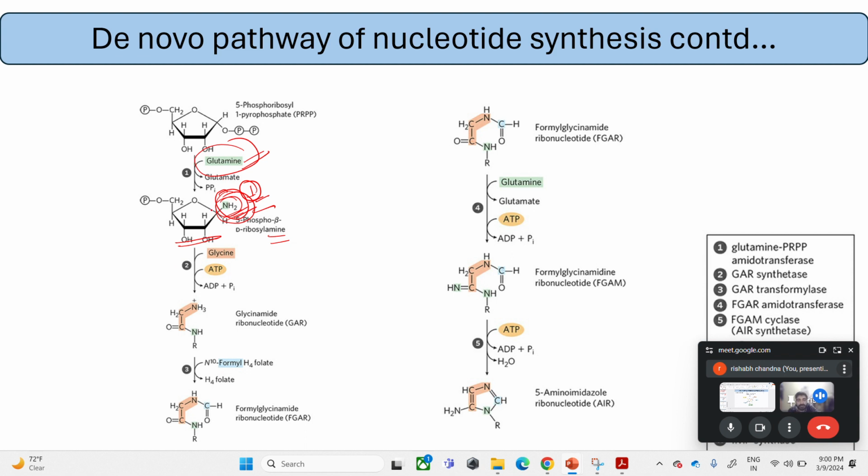This is the first carbon of the sugar. Now, this particular reaction is governed by glutamine PRPP amidotransferase.